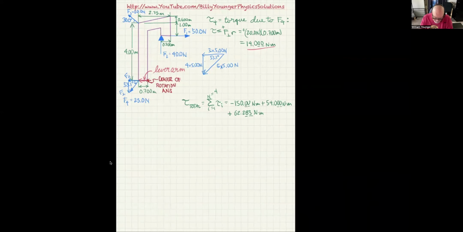And then finally, we've got the fourth torque, which is the positive 14.00 Newton meters, so that the net torque is equal to negative 150 plus 54 plus 62.283 plus 14.